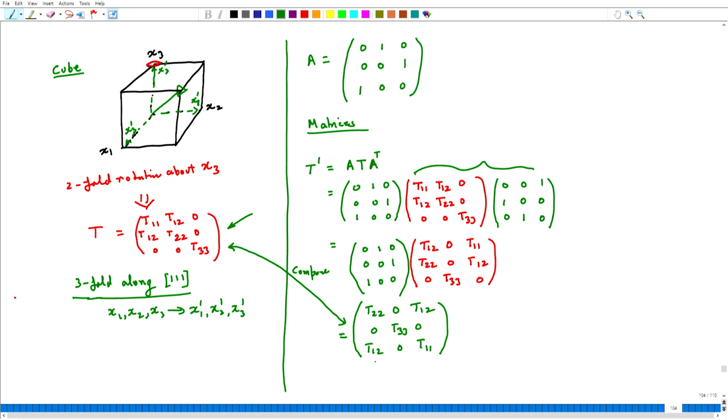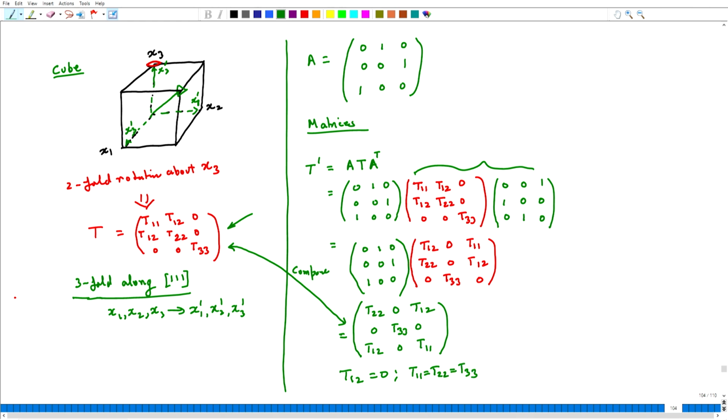That first of all T12 has to go to 0, and so I have all the off diagonal terms as 0 now. Now looking at the diagonal terms, if the tensor has to remain unchanged, there is only one possibility, T11 equals T22 equals T33.